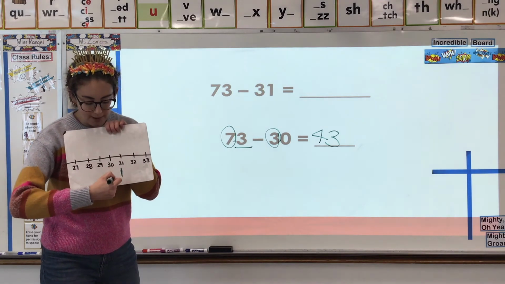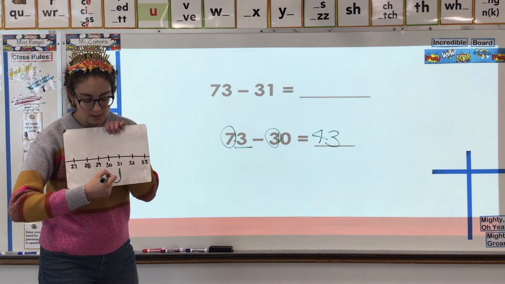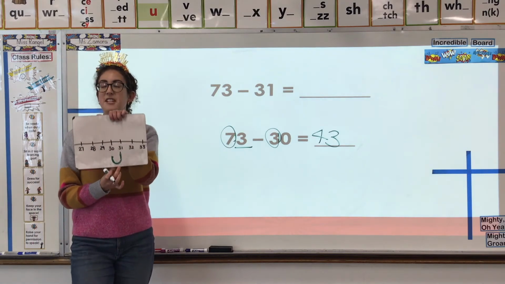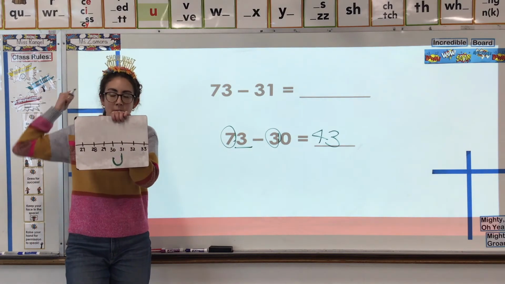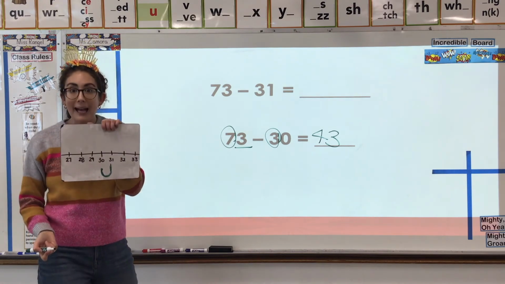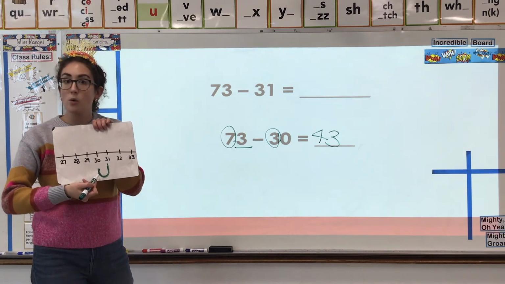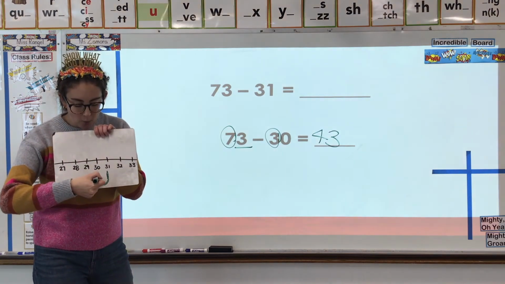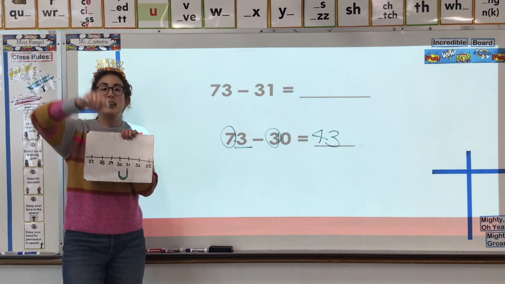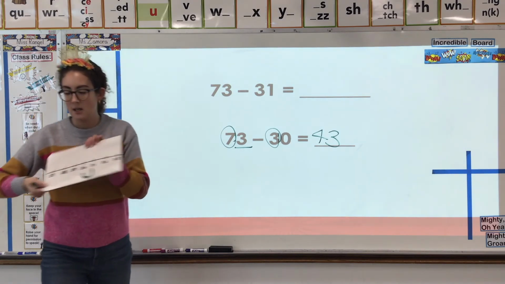But what do we keep having to do? We're not done. What do we have to do? We have to keep subtracting, because we want to take away 31. So we have to keep subtracting.